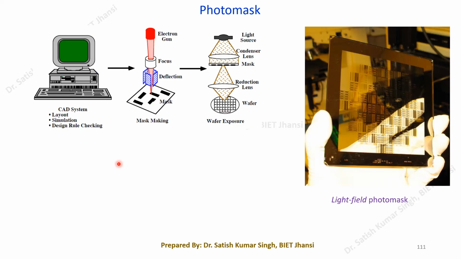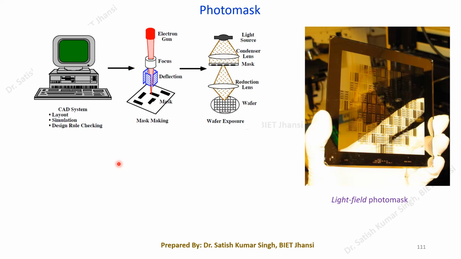That is based on the CAD tools, so the CAD system will take care of it. We first design the mask, and after that we go for its fabrication. Today we look at how this photo mask is fabricated and what the different ingredients of the photo masks are.